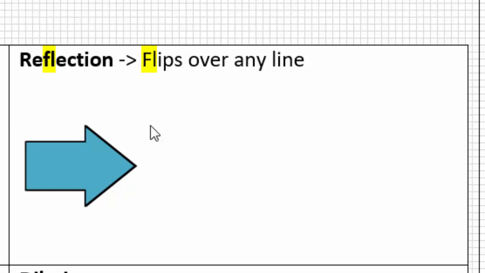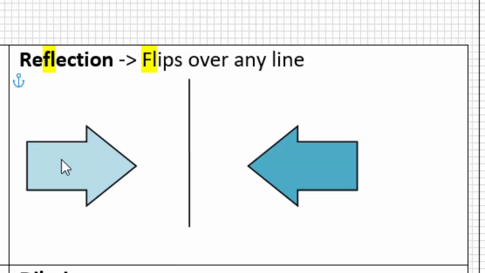So I could have a line that runs vertical and flip it over that vertical line. If I used a vertical line and performed a reflection of this figure over that vertical line, we would notice that this arrow is now pointing in the opposite direction, but the size is the same and the shape is the same.